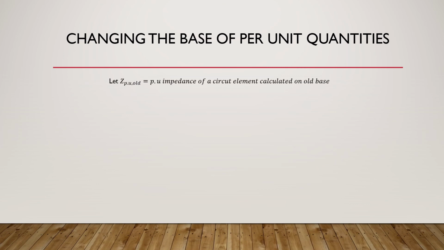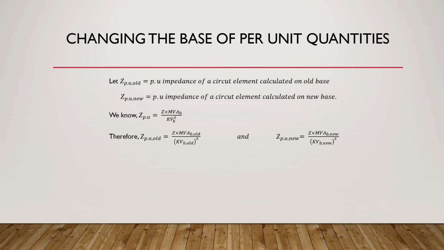Z per unit old is the per unit impedance of a circuit element calculated on the old base value. Similarly, Z per unit new is evaluated on the new base value. We derived this relation in the previous slide. So instead of Z per unit, simply write Z per unit old.